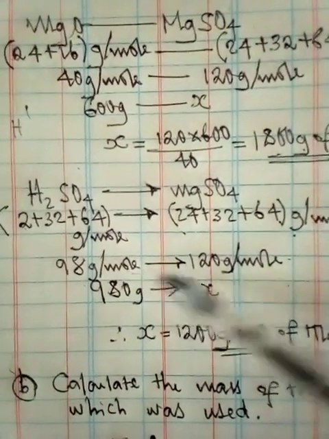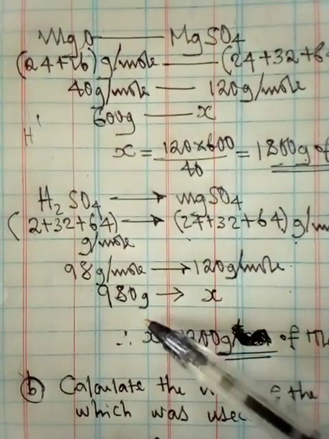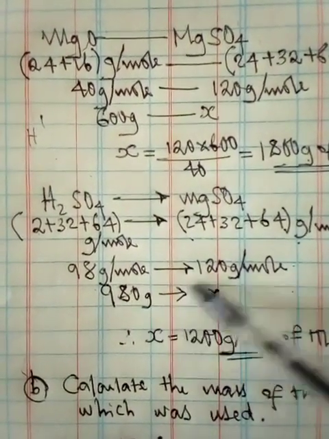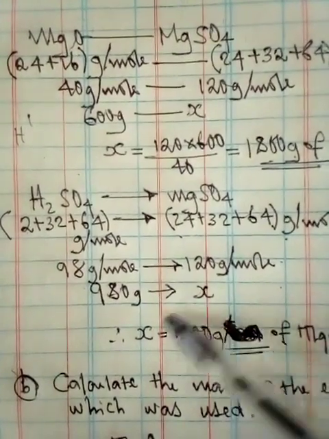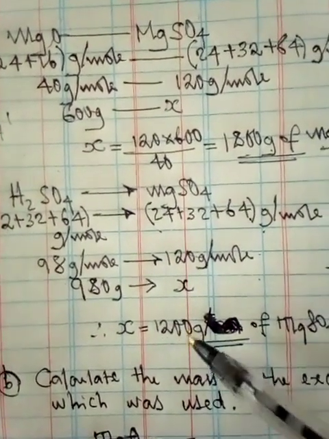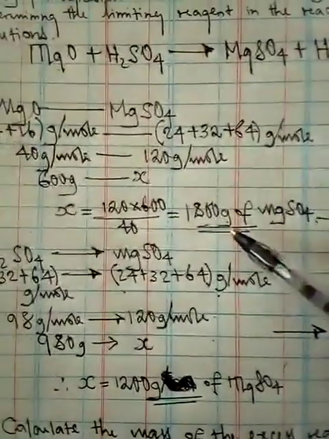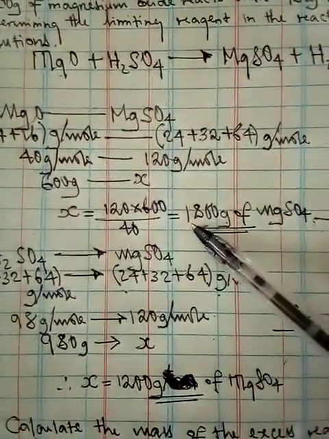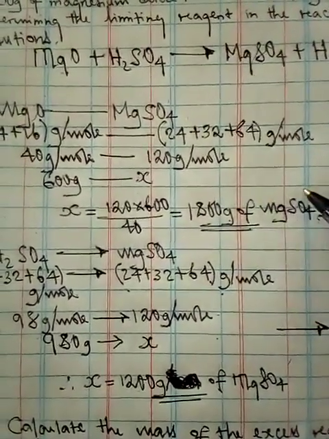If it's too confusing, you can just choose to cross multiply. You're going to have 980 times 120 divided by 98. But again, you're still going to find yourself at the 1,200 grams. So we're having 2 values of the mass for magnesium sulfate.